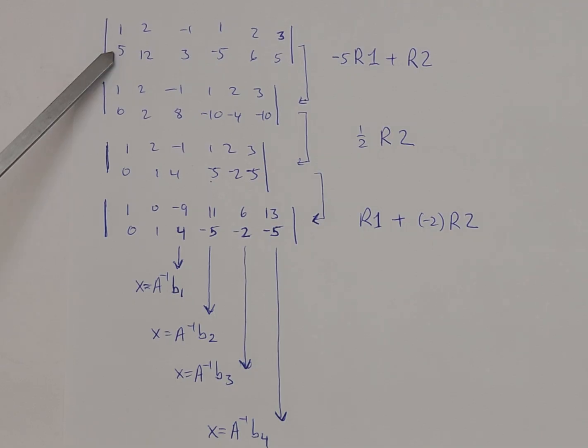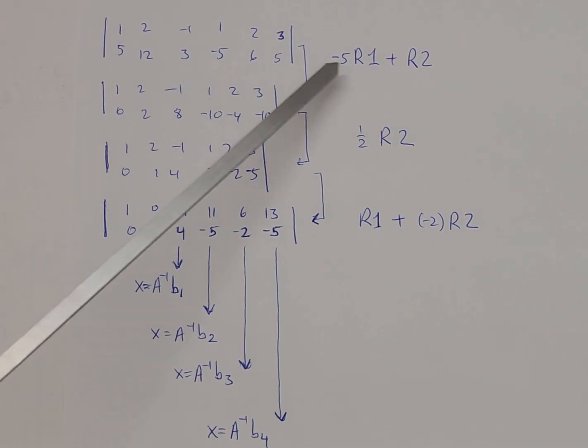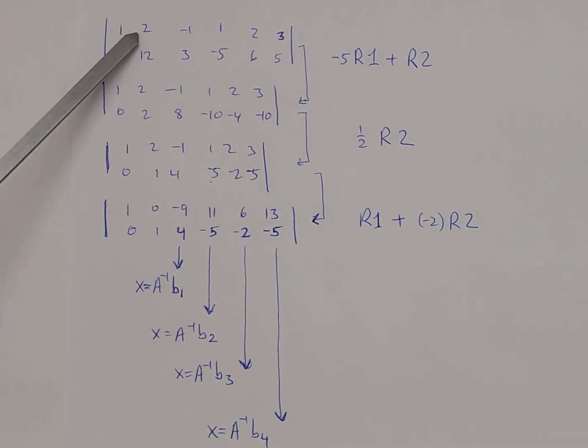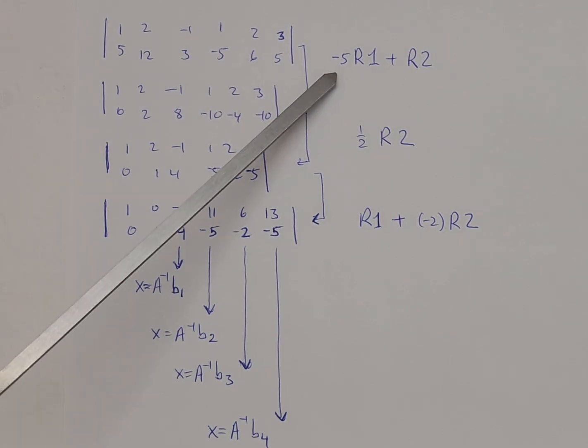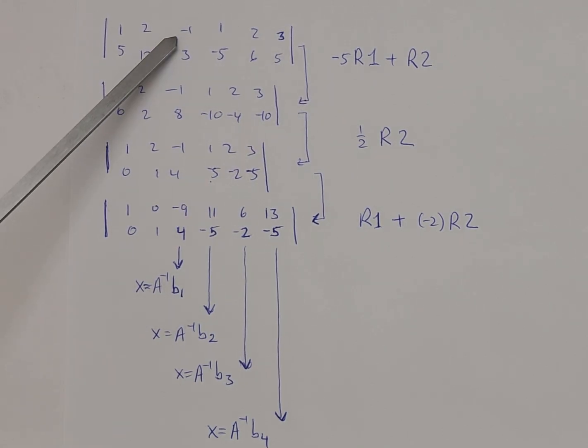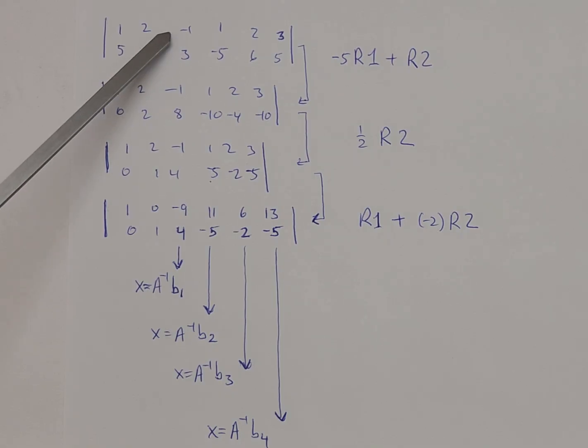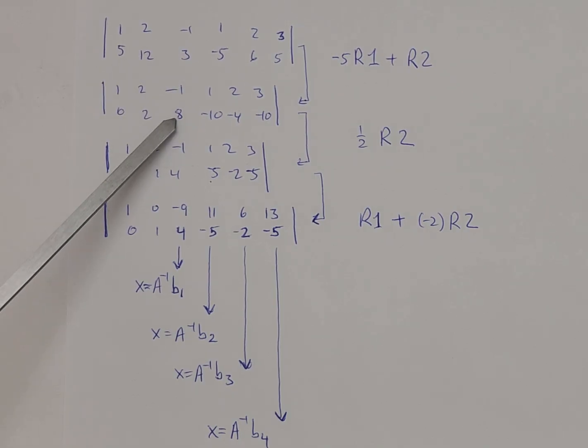Negative 5 plus 5 gives me 0. Negative 5 times 2 gives me negative 10. Negative 10 plus 12 gives me 2. Negative 5 times negative 1 gives me positive 5. 5 plus 3 gives me 8.